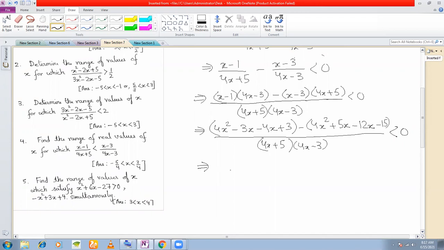So if you simplify the numerator, 4x square will cancel. 7x will cancel. You will only be left with 18. If you open the brackets and start cancelling, this is what you're going to be left with.